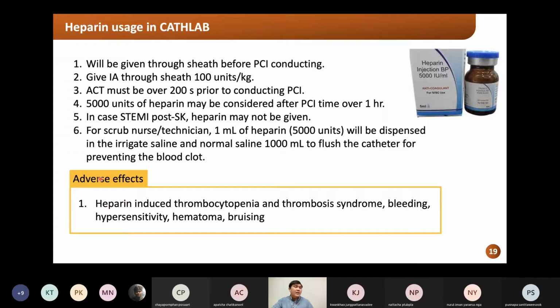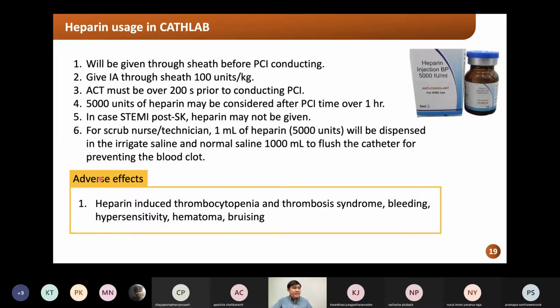Like I said on the previous slide, giving a lot of heparin is not good for the patient. It can cause excessive bleeding, right?